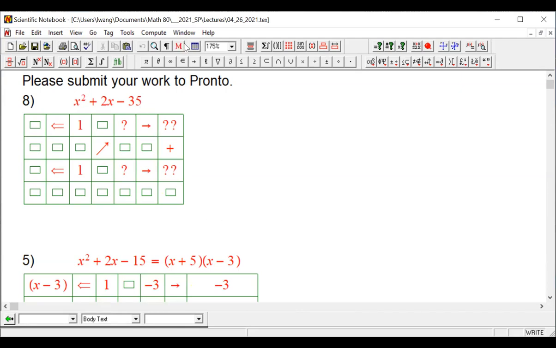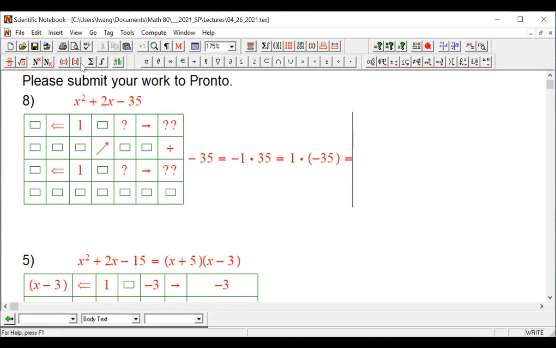If you look at negative 35, you must write down negative 35. Negative 35 can be written as negative 1 times 35. It can be written as 1 times negative 35. You see all these different ways. We can try it. We don't know which one will work.